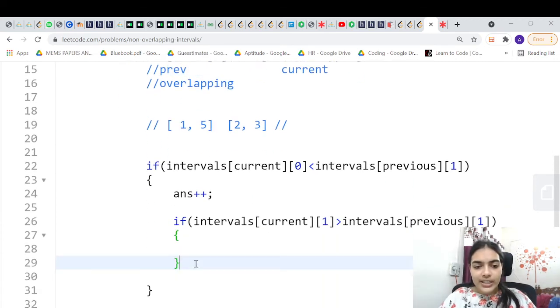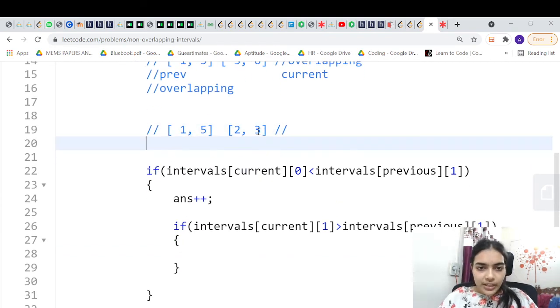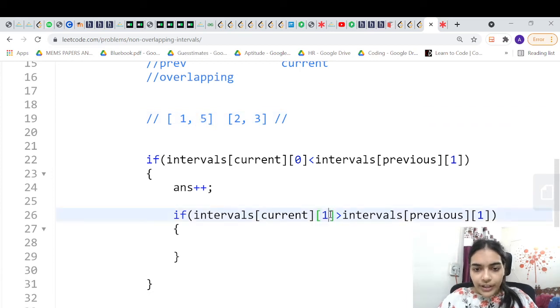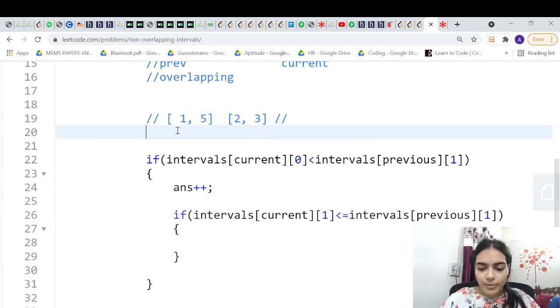But if it is not that case, if it is this particular case, now your 3 is less than or equal to 5. In this case you will have to change your previous.